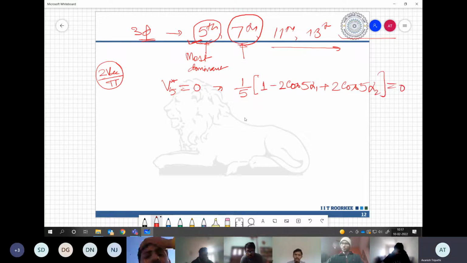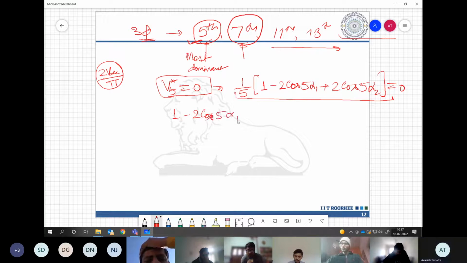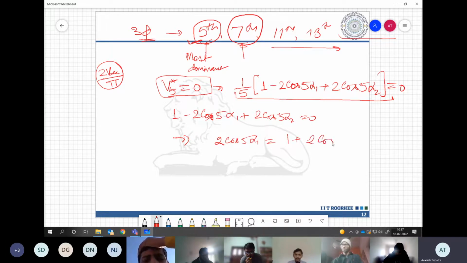Understanding my point? So if we want the fifth harmonic to go to 0, then we need to solve this expression. In effect we have this, or you can say that 2 cos 5 alpha 1 is equal to 1 plus 2 cos 5 alpha.